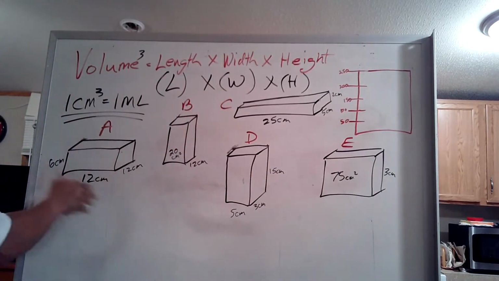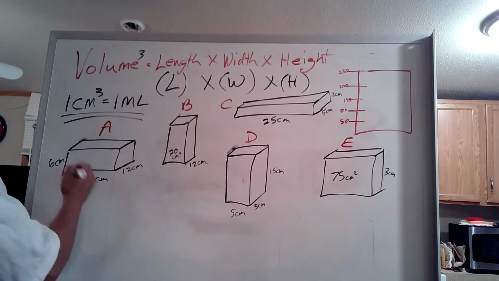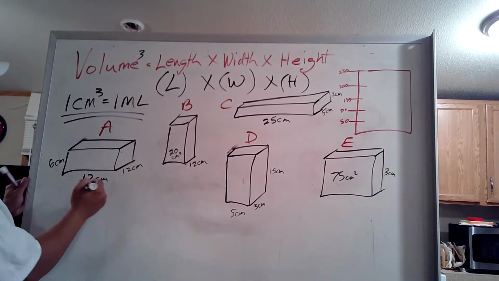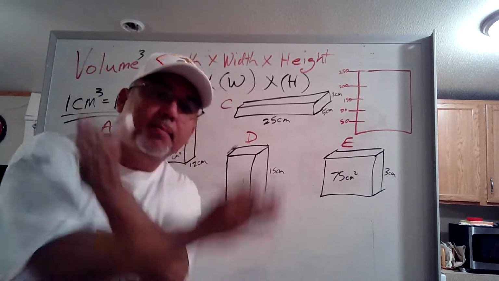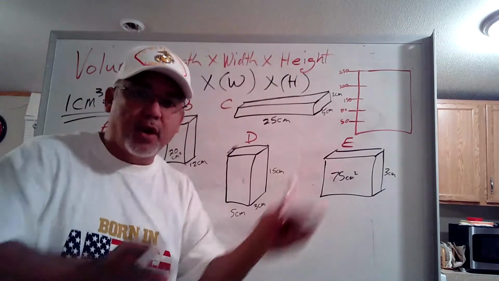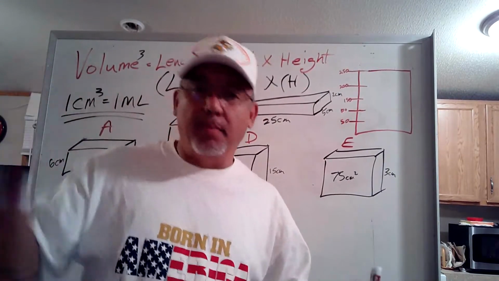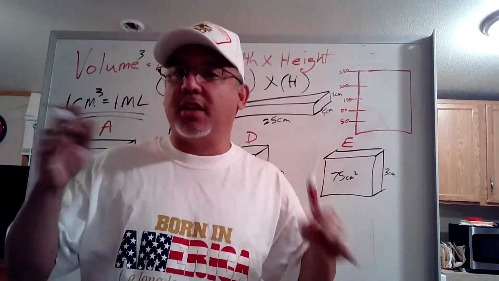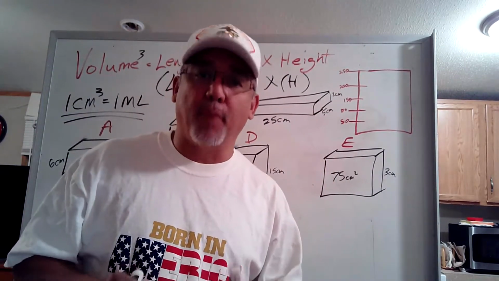When we look right here, this says there are 3 numbers, so we have to multiply them together. It doesn't matter because of the commutative property. You can move your numbers around as long as all 3 are multiplying. The commutative property of multiplication, if you were paying attention last year.